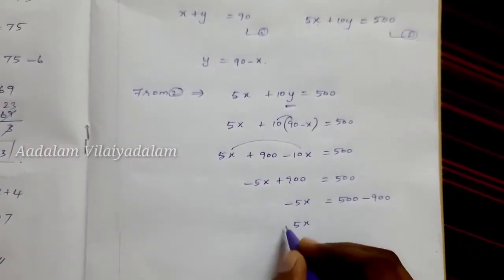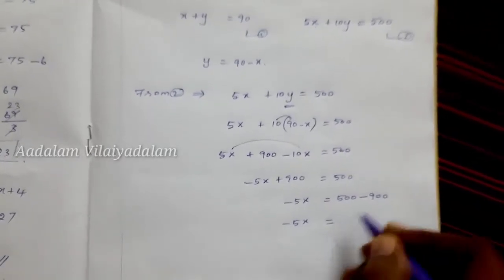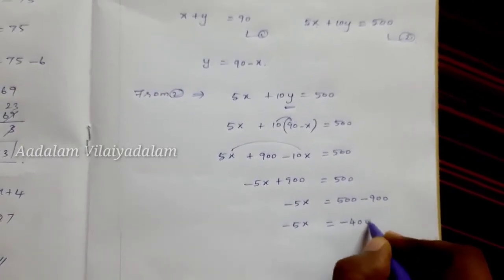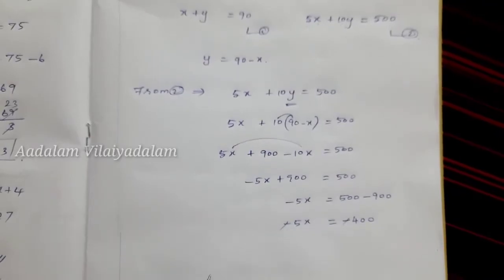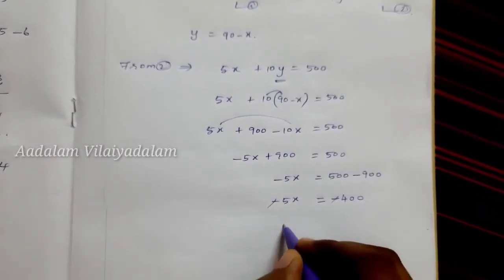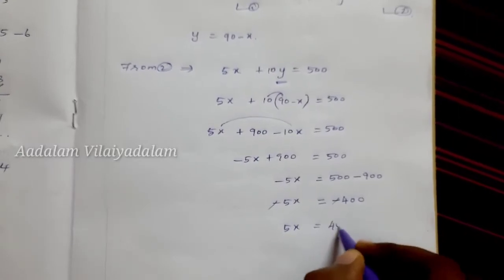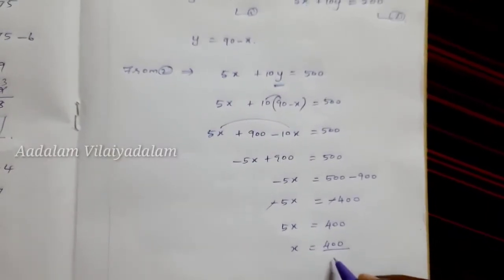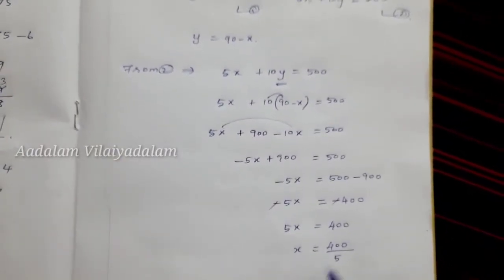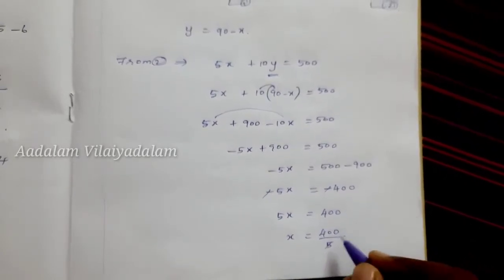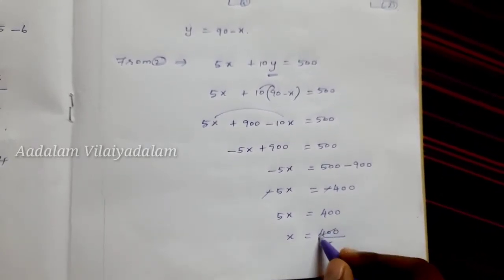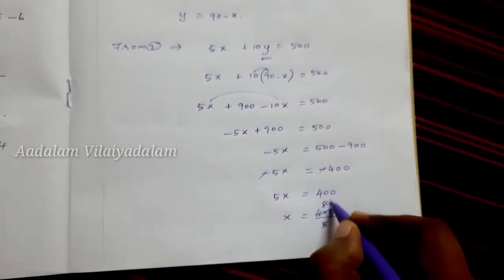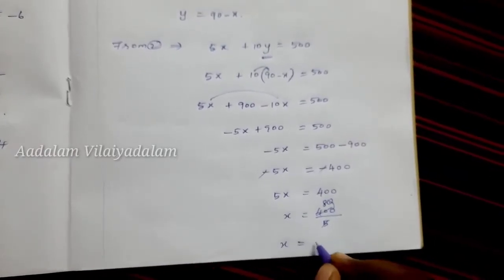Then minus 5x equals 500 minus 900, which is minus 400. So minus minus will be cancelled. Then 5x equal to 400. Then x equal to 400 by 5. Now repeat the 5 table until we get 40. 8 5s are 40. So carry the 0. Then the value of x will be 80.